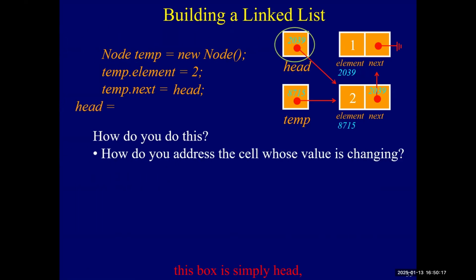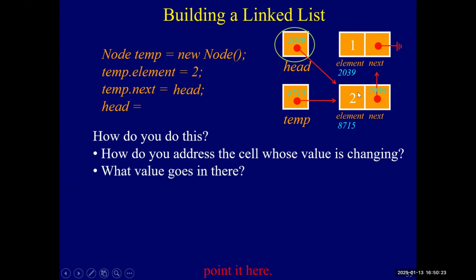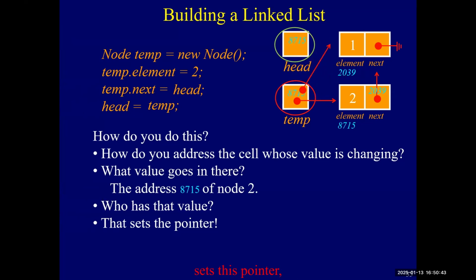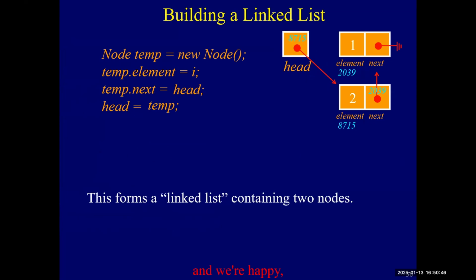Well, this box is simply head, right? And where do we want to point it? We want to point it here. Who has that value, right? Temp does, right? So we just say that, and we get it, right? All right, and that sets the pointer, right? Puts the value in there, sets this pointer rotating, and we're happy, right? So this code changed a list of length 1 into a list of length 2, right?